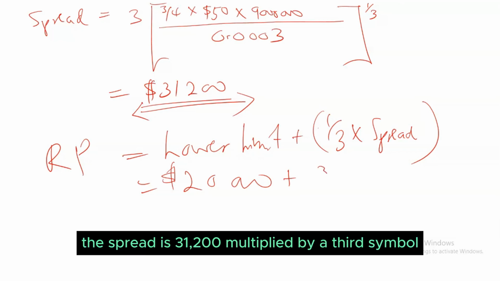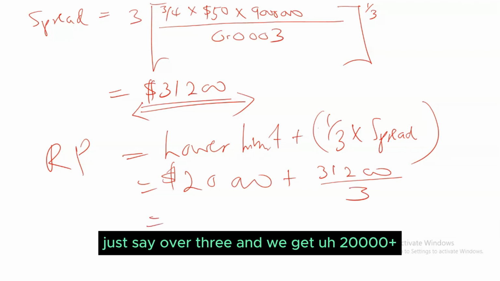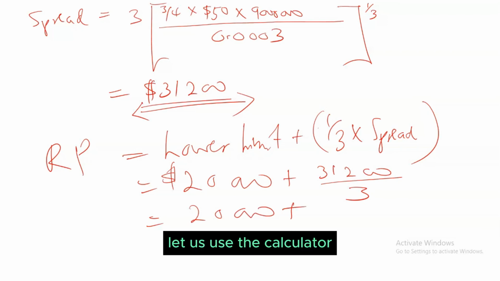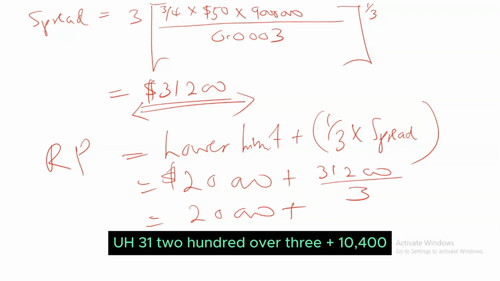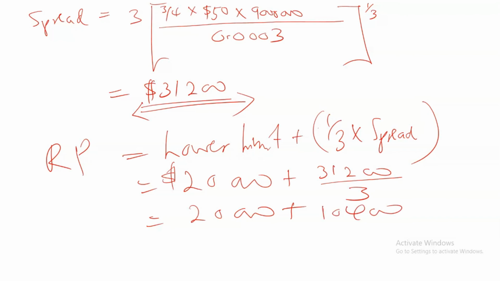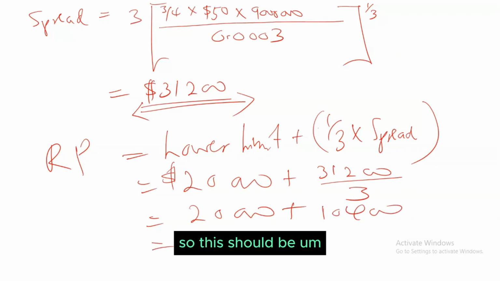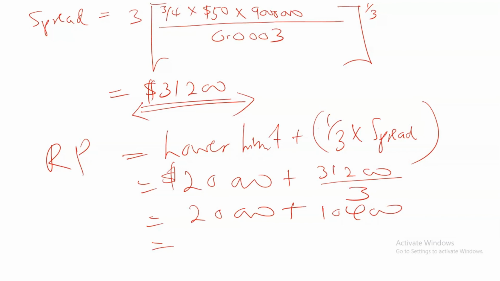So we know that the spread is 31,200 multiplied by a third, simply just say over 3, and we get 20,000 plus, let us use the calculator, 31,200 over 3, that's 10,400. So this should be 31,0400.